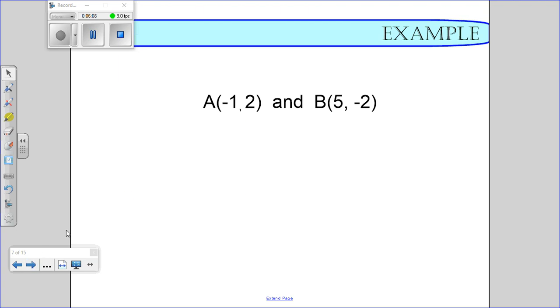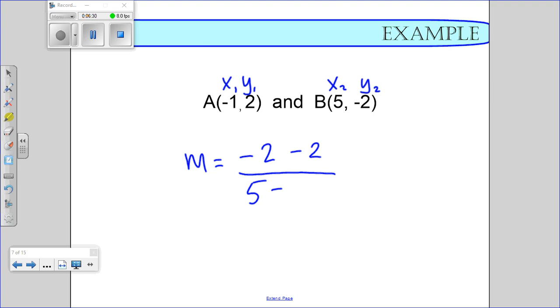All right, let's look at an example to find the slope. So I'm going to label this x1, this y1, x2, y2. So slope equals y2 minus y1 divided by x2 minus x1.